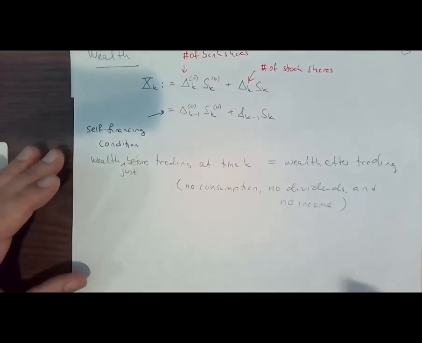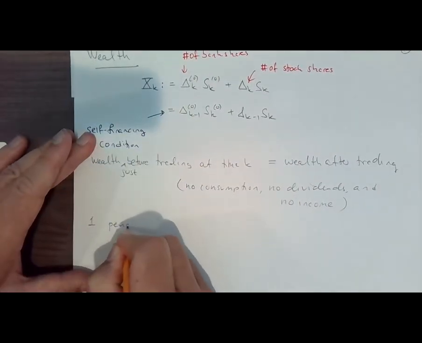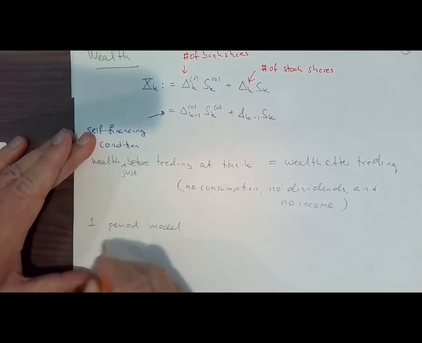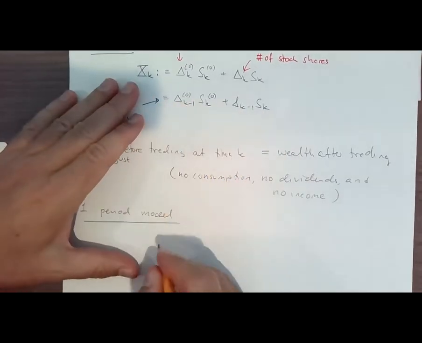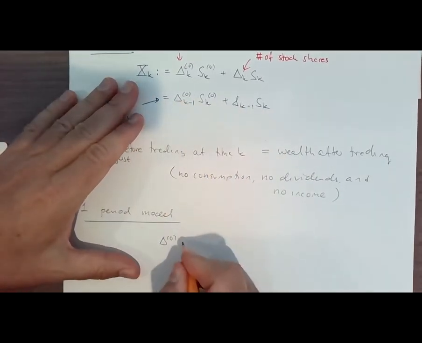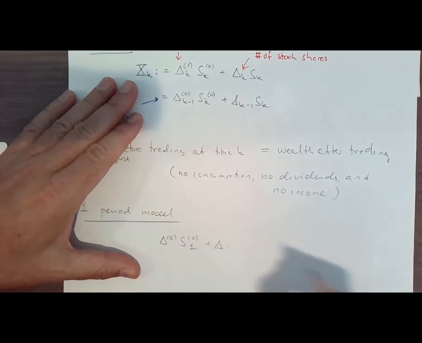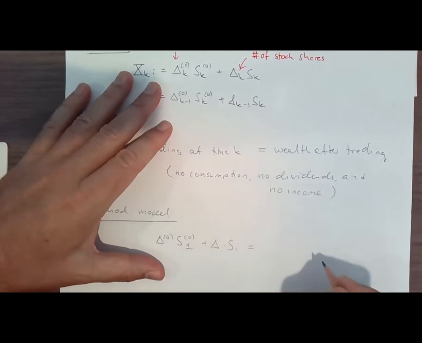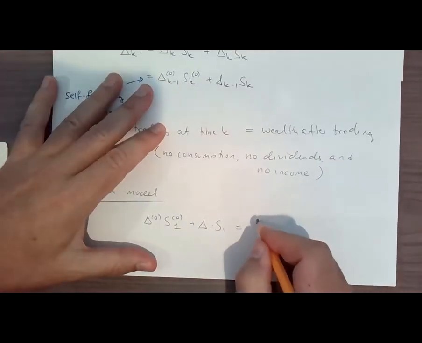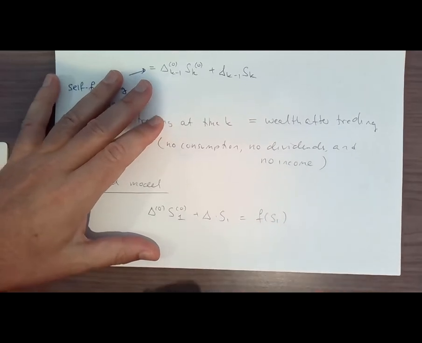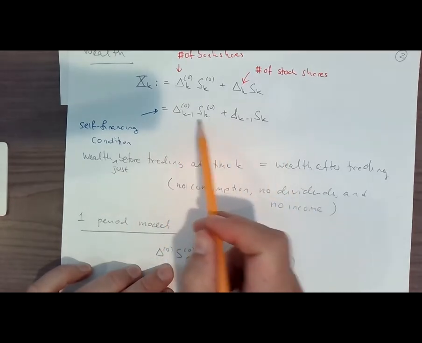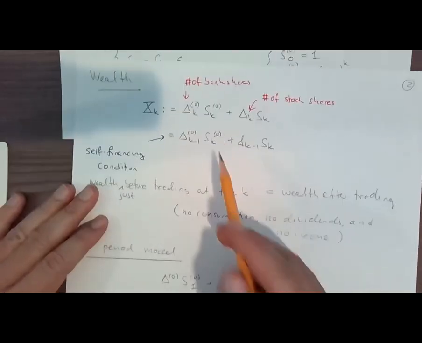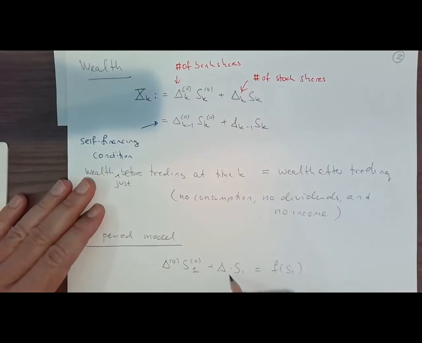But what we had in the one period model was the wealth: delta naught times S naught at time 1 plus delta times S1. This would be our put or call payoff, our f of S1. And you can see here what we have used is the bottom formulation, but we could equally well have written the top formulation. We could have written ones here and ones here. That would be the same.